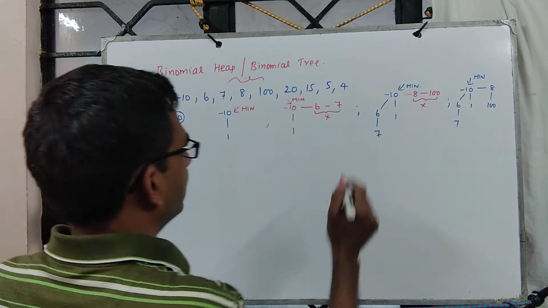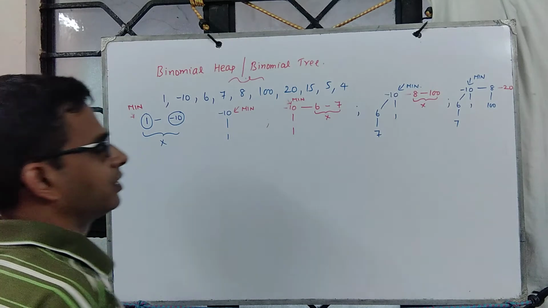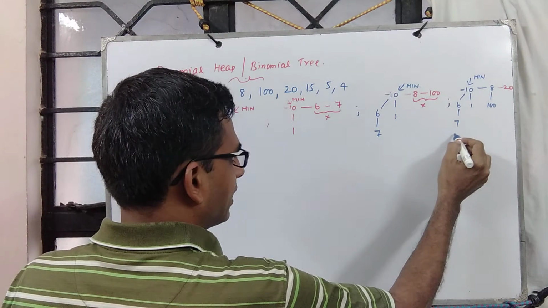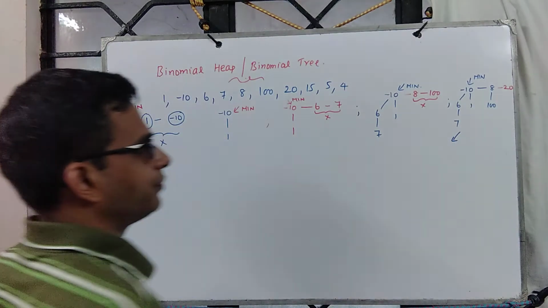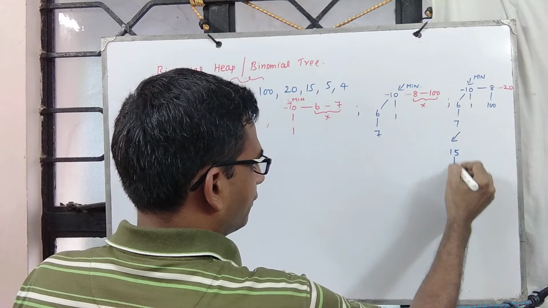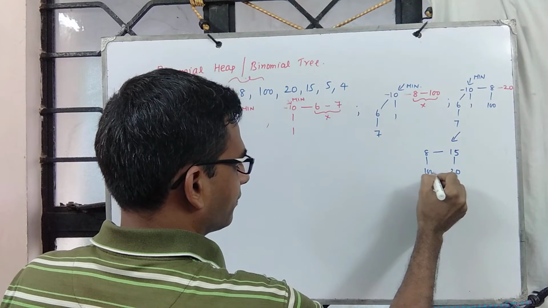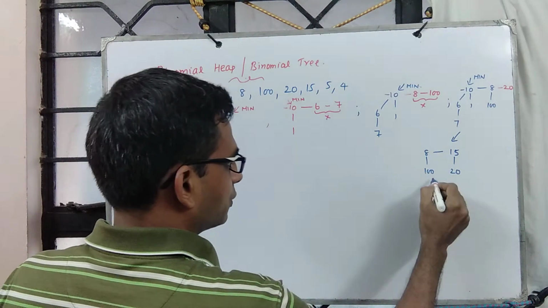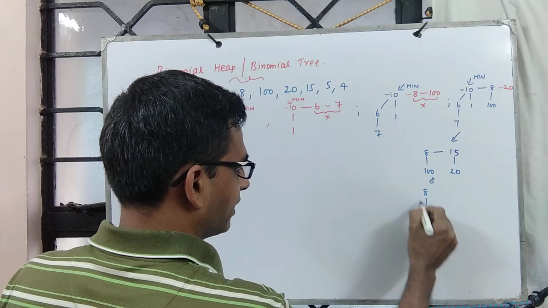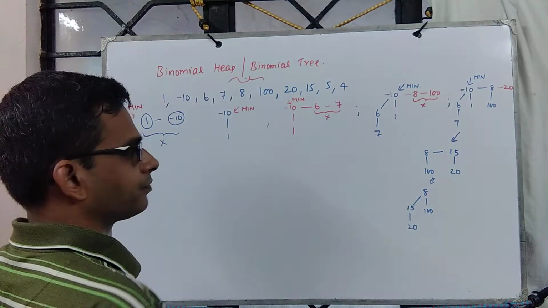Next we insert 20, so this is fine. When we insert 15, we see that 15, 20 gives you 15, 20, then you have 8, 100, and so this gives you the structure 8, 100, 15, 20.